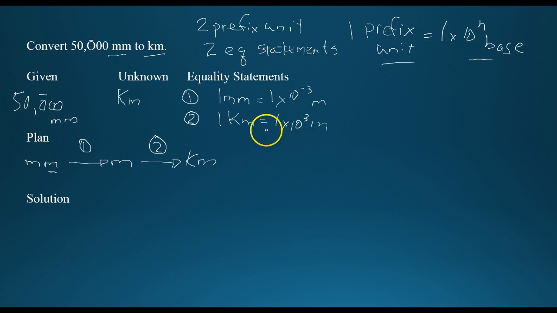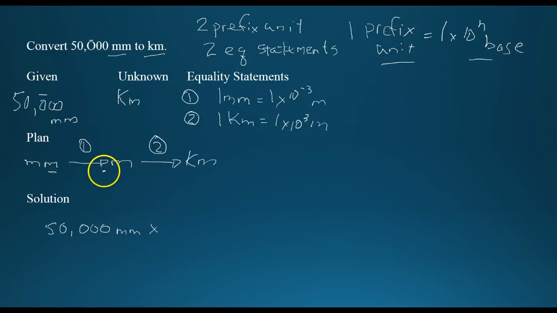Alright, so now we have our two equality statements, which we're going to use as conversion factors. In our solution, we start with the given quantity, which is 50,000 millimeters. And we're going to multiply by a conversion factor. It goes from millimeters to meters.